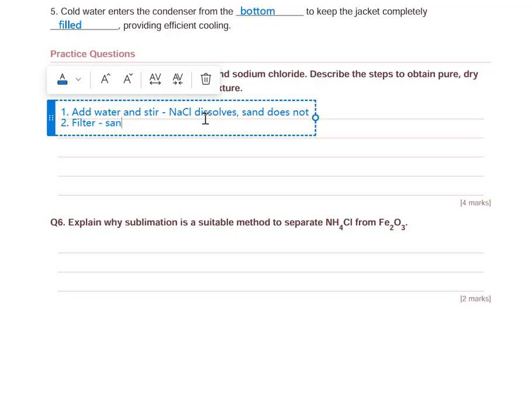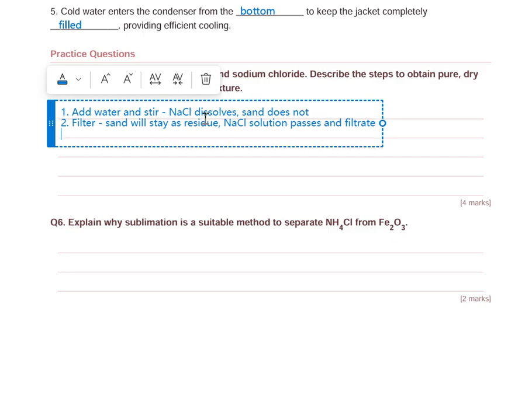The sand will stay as residue, and the NaCl solution is the filtrate. Maybe you understand this now, but you'll probably understand it better when you're more experienced in the chapter, learning more from your textbook or teachers.